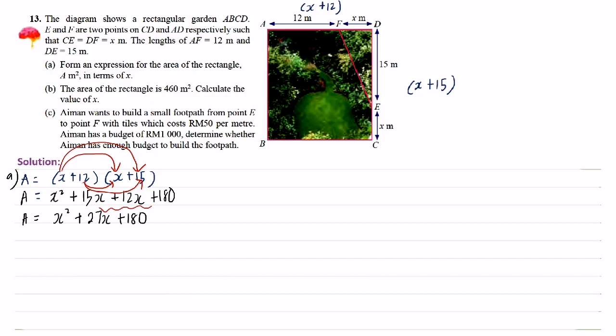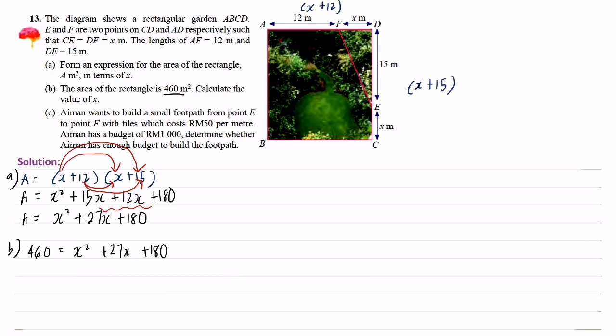This is the answer for A. Now B. The area of the rectangle is 460 meters squared. Calculate the value of S. So now we substitute 460 into the equation. So 460 equals S squared plus 27S plus 180.